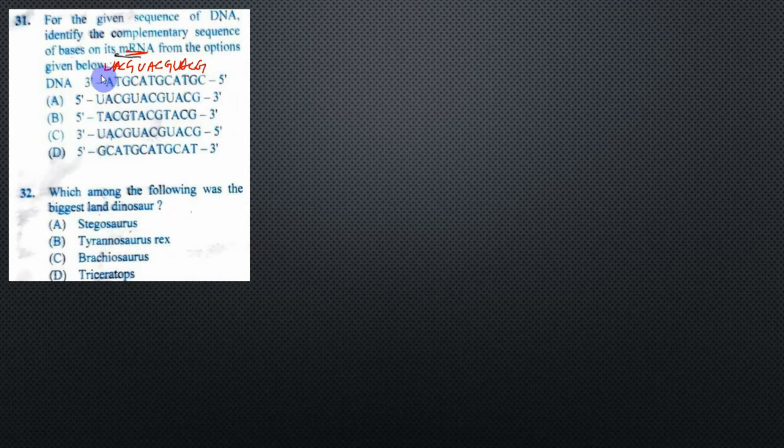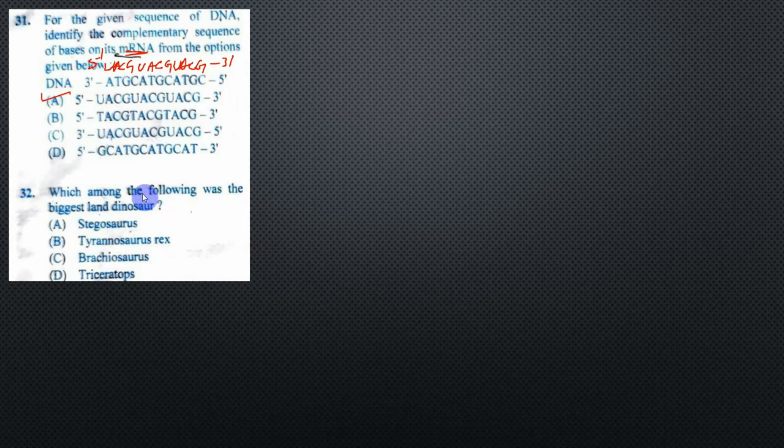We know that mRNA synthesis proceeds from 5' to 3'. So obviously this side it will be 5' and this end will be 3'. So the option for this, you can see over here, is A, right?